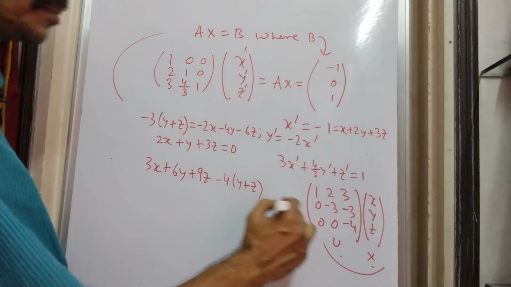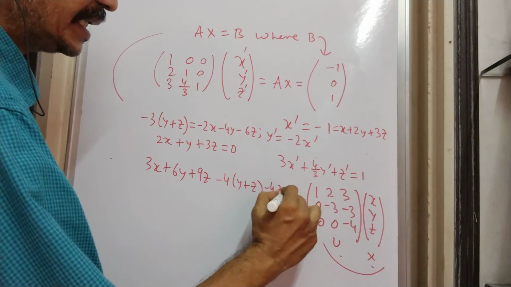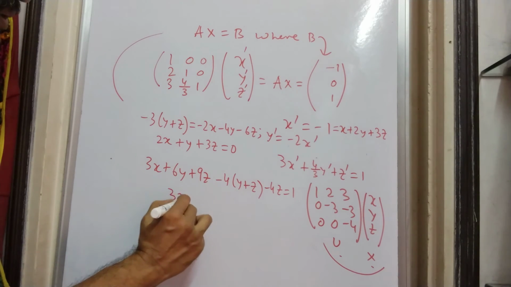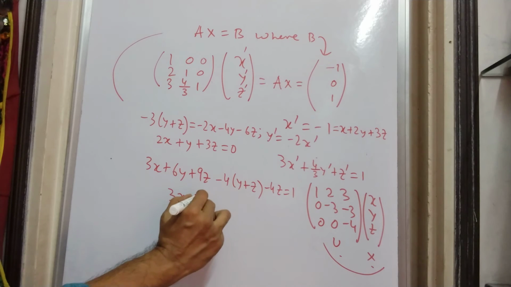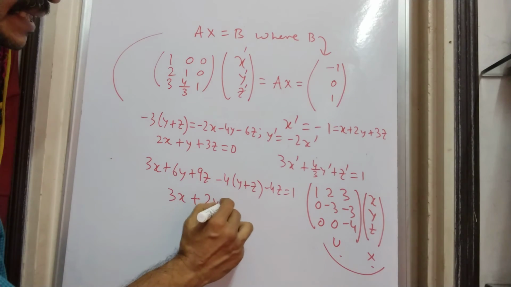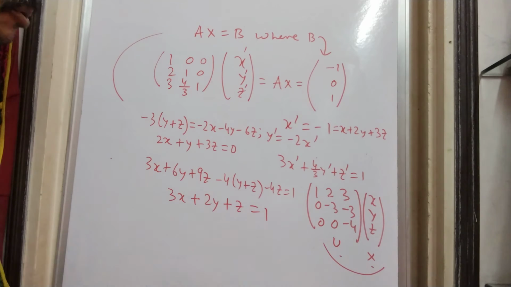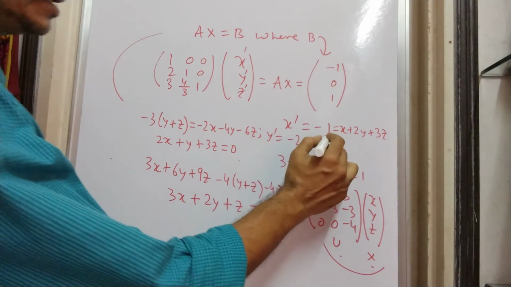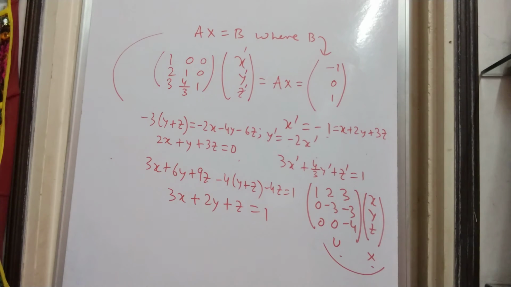And what is z prime? z prime is minus 4z, and that is 1. And if we add them up, this becomes 3x plus 6y minus 4y is 2y, and 9z minus 8z is plus z, that is 1. So we have this relation along with this relation and this relation. We can solve them to get the values of x, y and z easily.